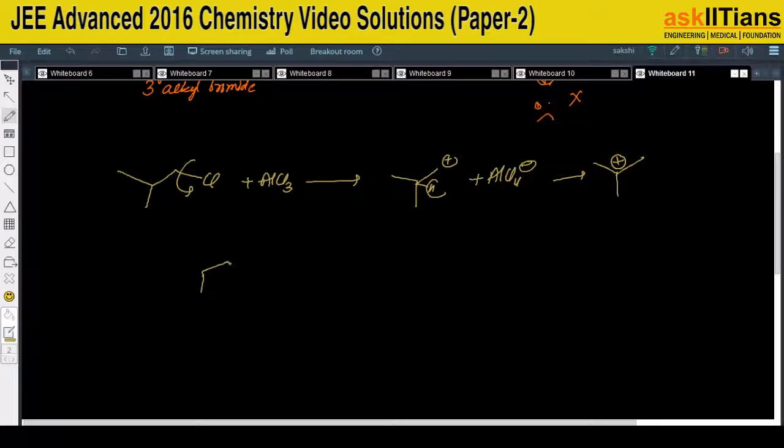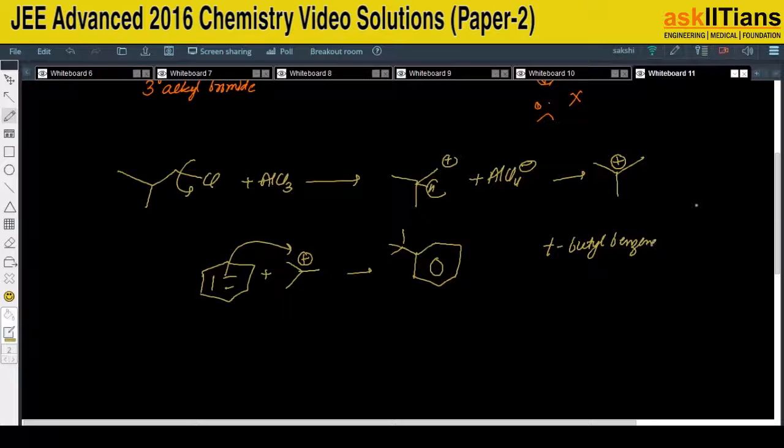Once this tertiary carbocation reacts with the benzene ring, it will form this compound, which is nothing but tertiary butyl benzene. So we have got one particular option, option number B, for this question.